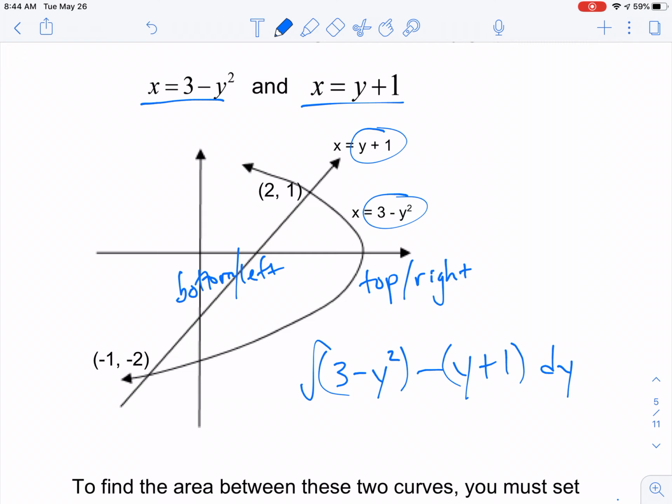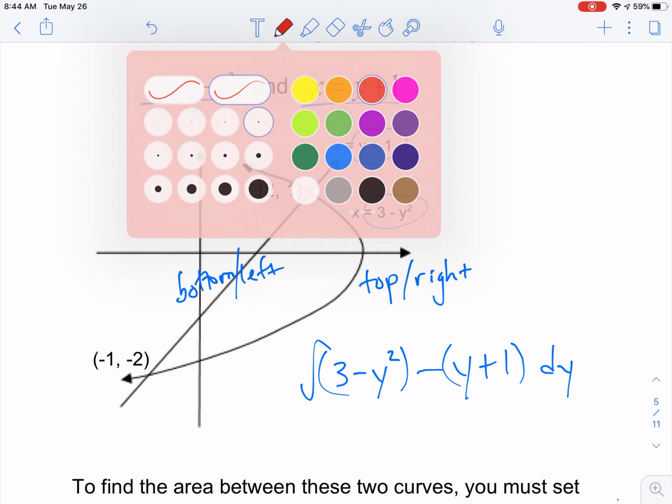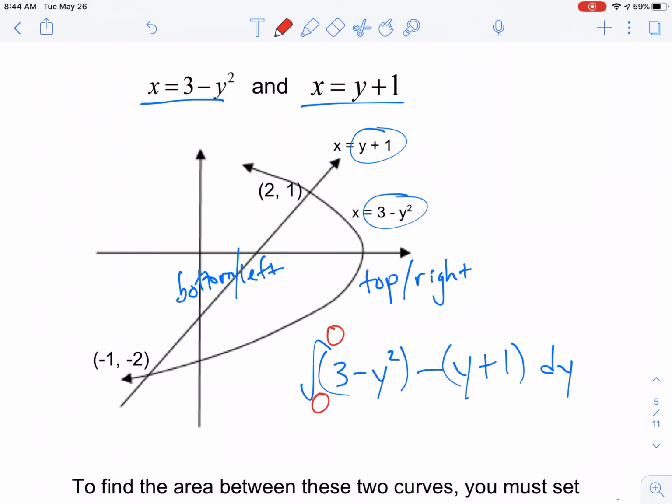And then, how do we figure out what our boundary numbers for our integral must be? Well, normally, when we're integrating in terms of x, we look at our x interval from a to b, our x interval from left to right. But here we're integrating in terms of y.